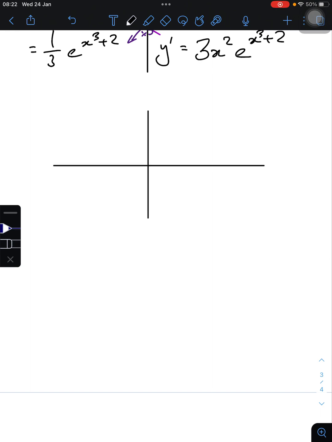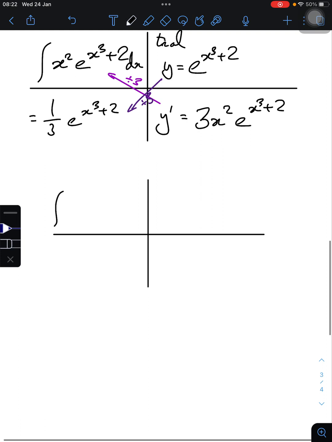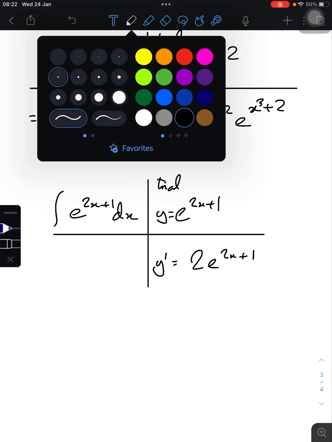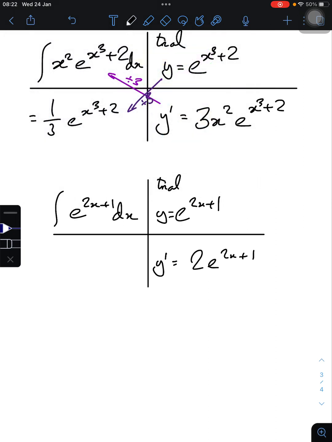Another one with e of x could be the integral of just e to the 2x plus 1 dx, while trial would just be e to the 2x plus 1. If we differentiated that, y dash would be 2 lots of e to the 2x plus 1. So what do I need to multiply by? Actually, I'm going to do something like 7 in front of here, just to really confuse us.